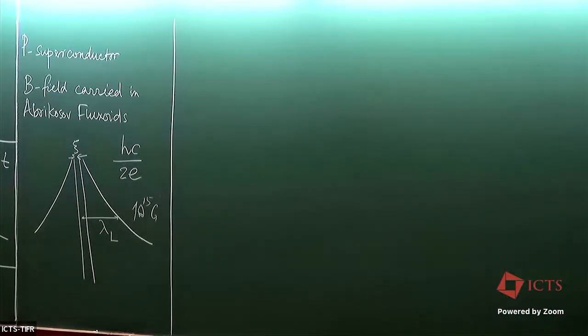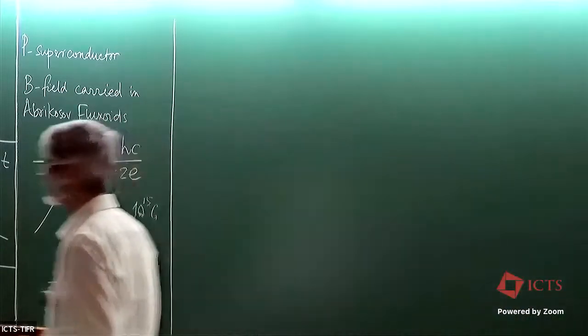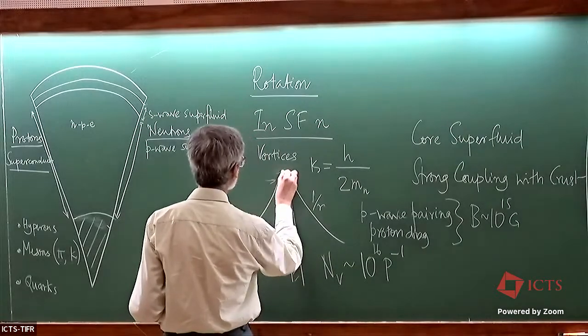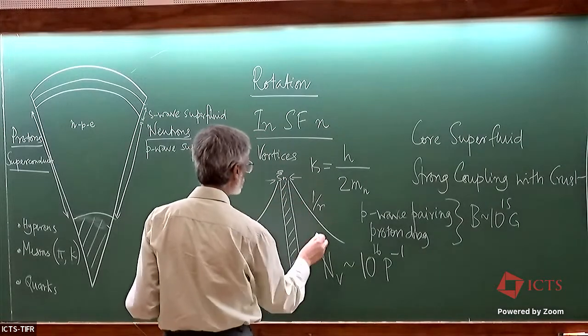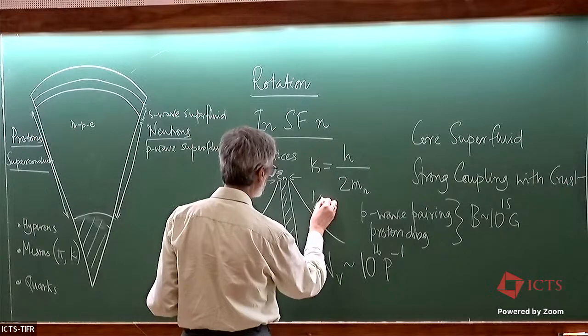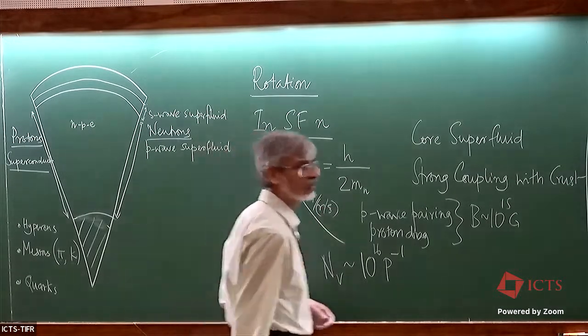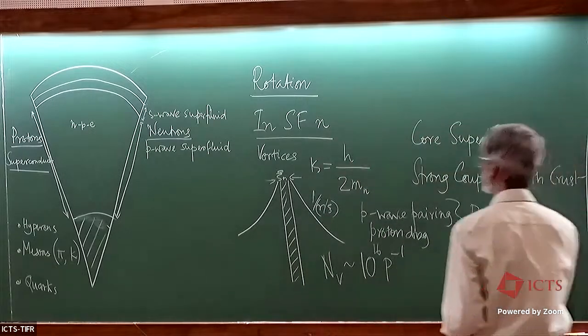No, it's just 1 over r. The scale here is xi, xi neutron, call it. So it is 1 over r over xi is the scale.